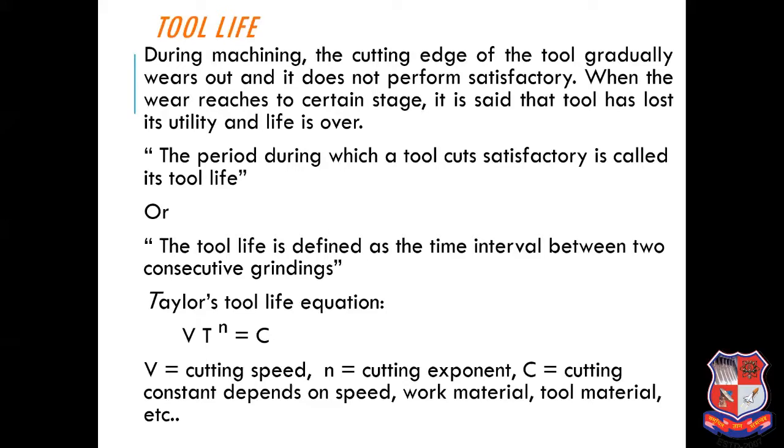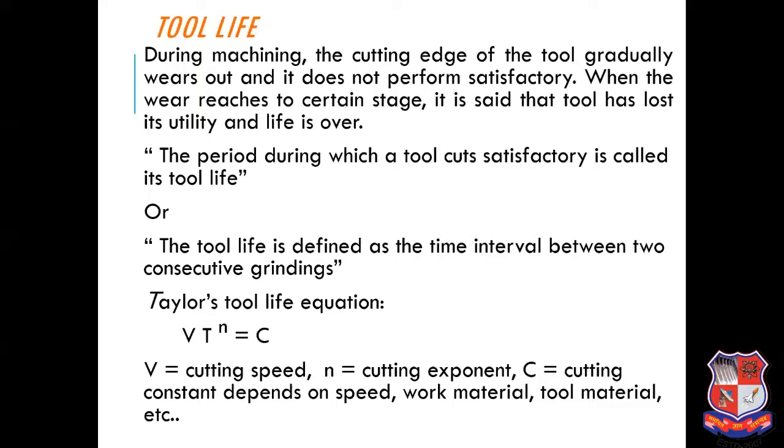Now tool life. What is the tool life? So during machining, every cutting edge of the tool gradually wears out and it cannot perform satisfactorily after some interval of time, because the wear reaches a certain stage and then we can say that the tool has lost its utility and the life of the tool is over.